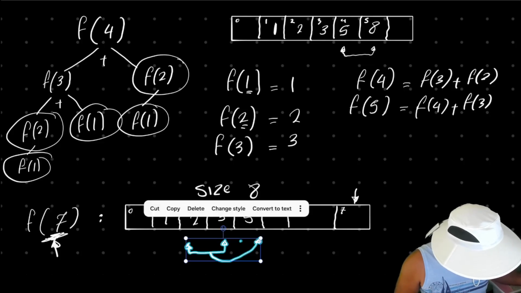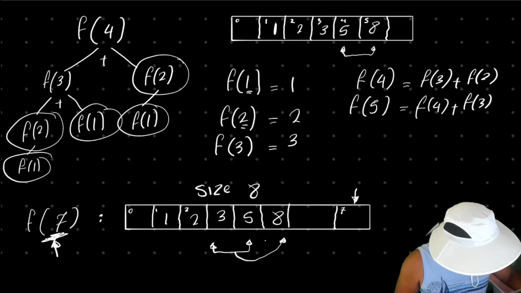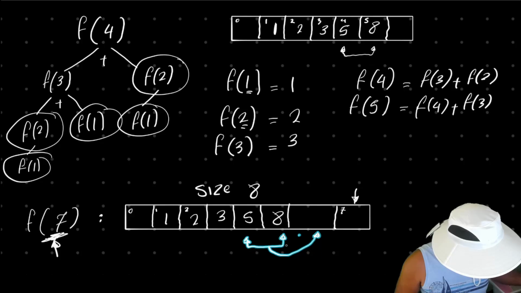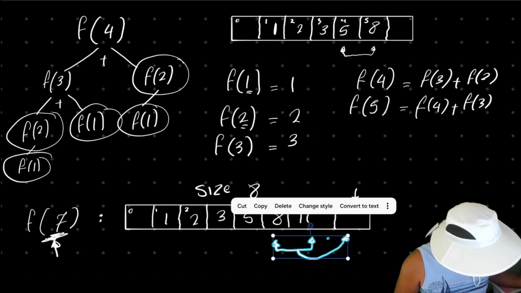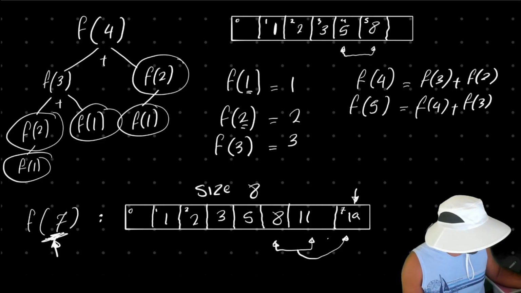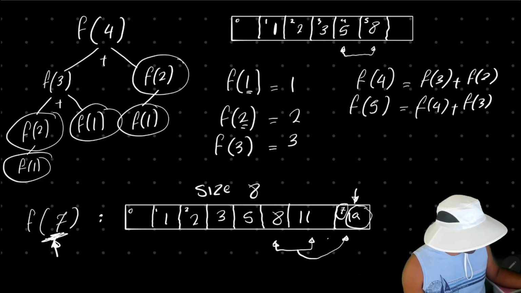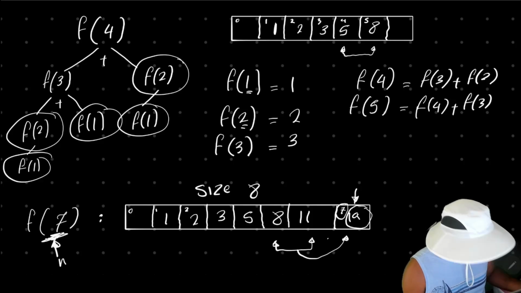Oh my god, so much work. And then 3 plus 5 is 8, and then move one more to the right. Almost there. It'll be 11, and then the last one, which is index 7, will be 19. So my answer basically lives at the very last index, which matches the value of n, index n.